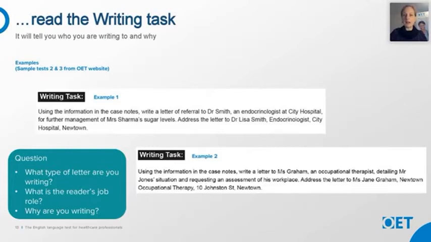Excellent. Well done. What about example two? Who are we writing to in example two? A few of you are saying example two is a transfer letter. What's the job role of the person in example two?